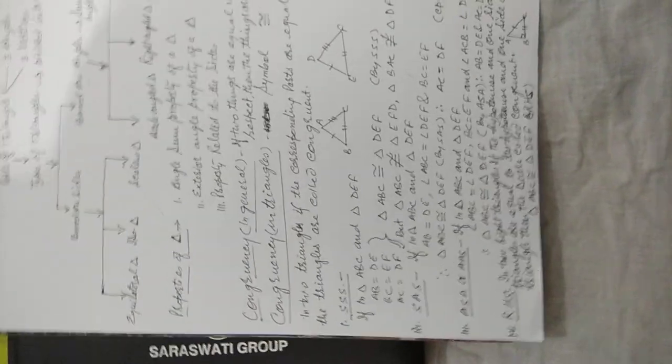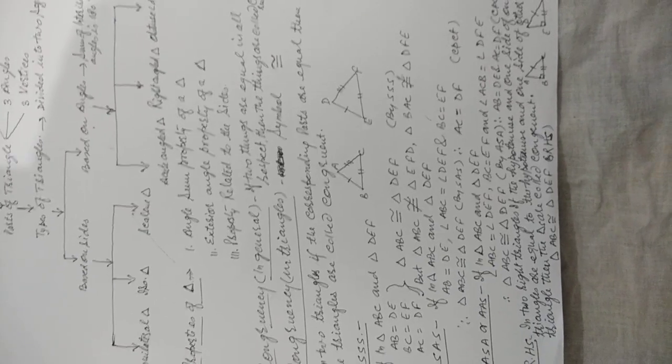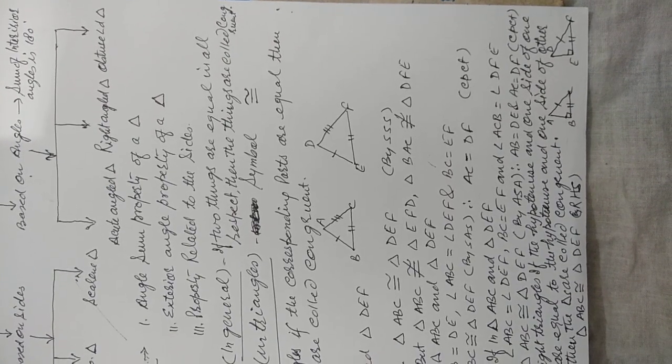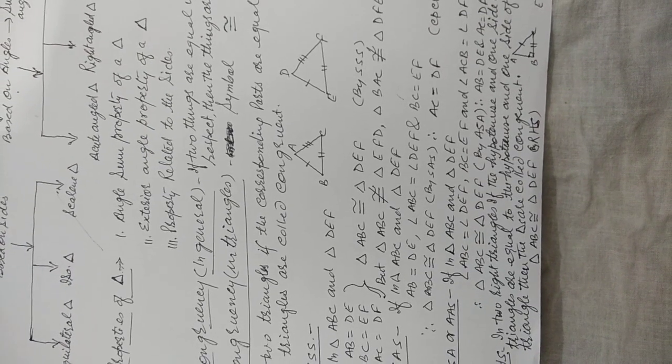Similarly, the last one is RHS property. In two right triangles, if the hypotenuse and one of the sides of one triangle are equal to the hypotenuse and one side of the other triangle, then the triangles are called congruent.